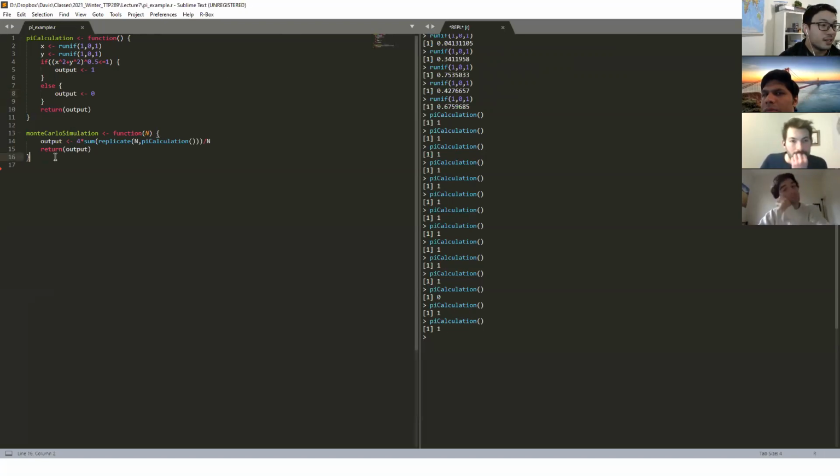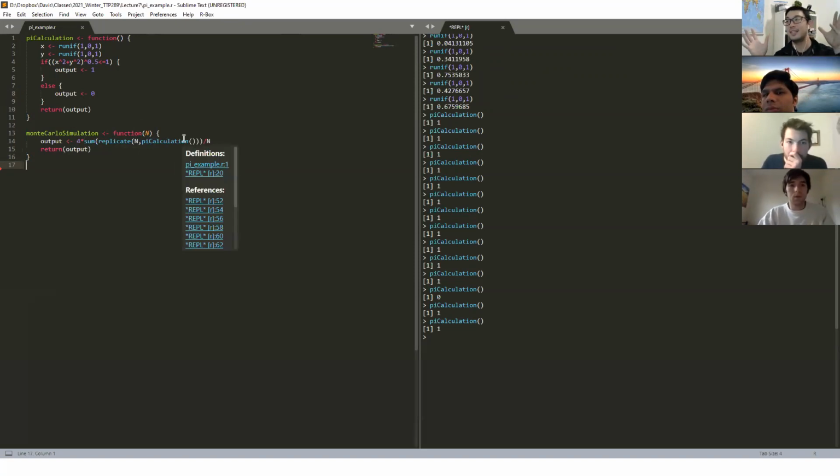And then the Monte Carlo is saying, okay, I'm going to do that many times, and then I'm just going to do that equation: 4 times the number of times that it lands in the circle versus the number of throws that I made, which represents everything, the area of the square.